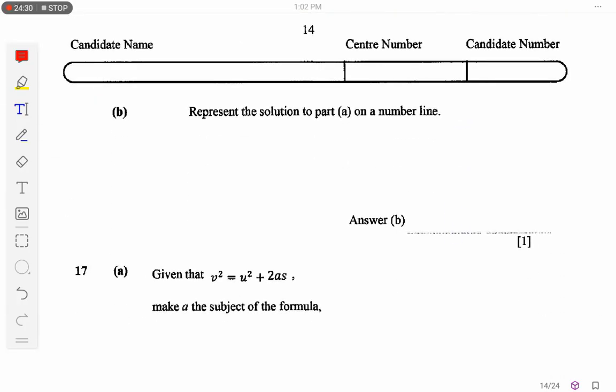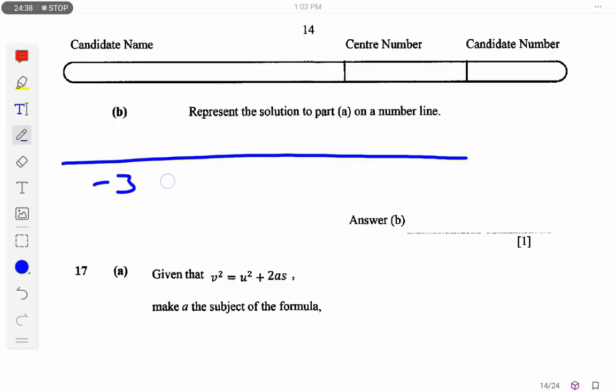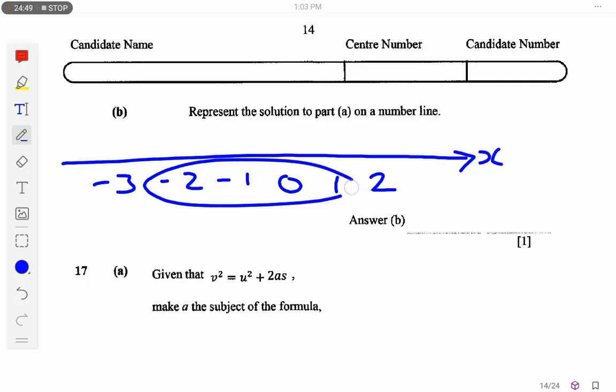Represent the solution on a number line. So on a number line, this is our number line. I've got minus 3, minus 2, minus 1, 0, 1, 2. So this is x here. Someone can just skip all these numbers and just have a 0 at the center.